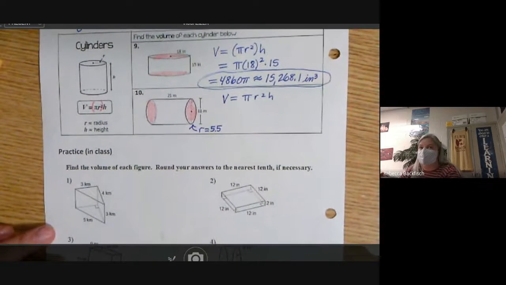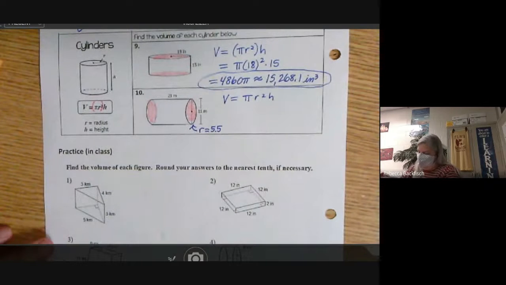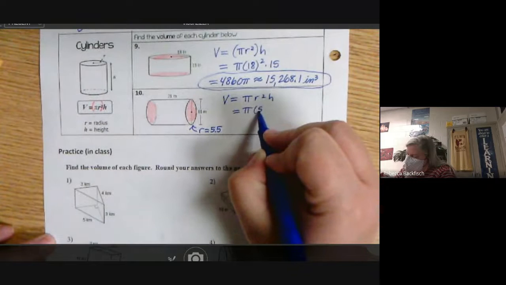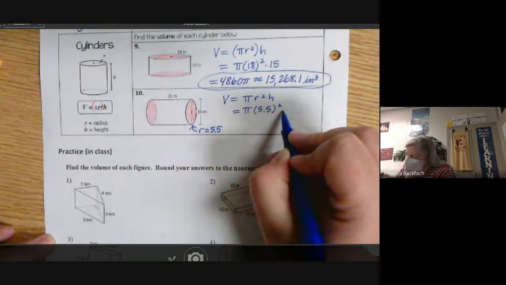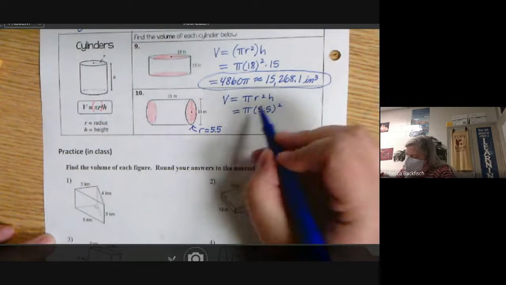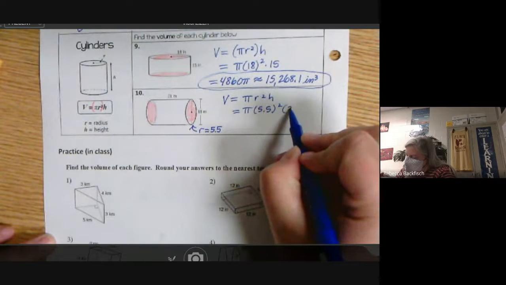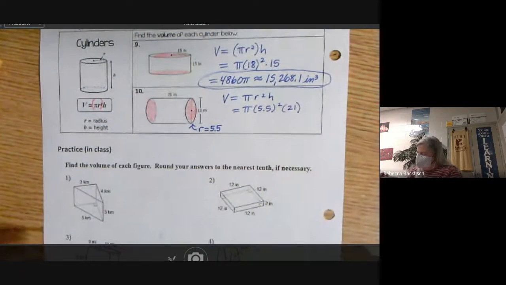And that's what I'll use. So I've got pi times 5.5 squared. If we're already in decimals, we might as well use decimals instead of exact form. We don't usually use decimals with exact form. The height of the whole cylinder is 21. So pi times 5.5 squared times 21.